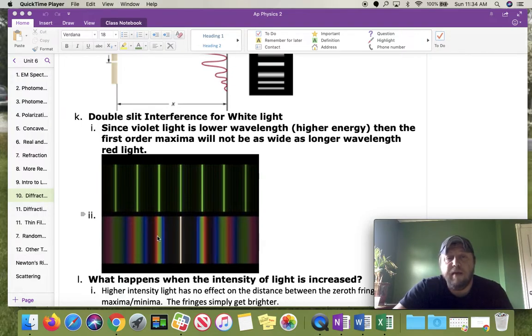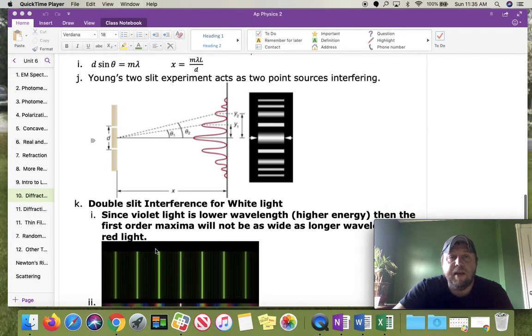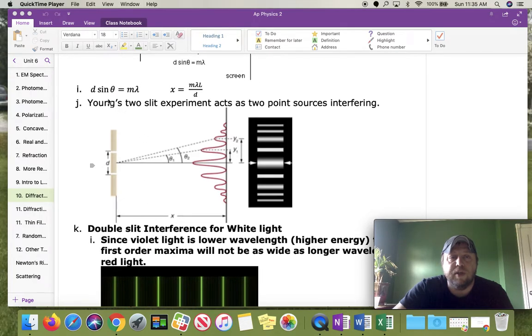So we can disperse light due to diffraction, just like we can through refraction. Okay, so now we have our bright fringe, the violet end is towards the middle, and the red end of the spectrum is going to be spread further out. And it makes perfect sense according to this equation.